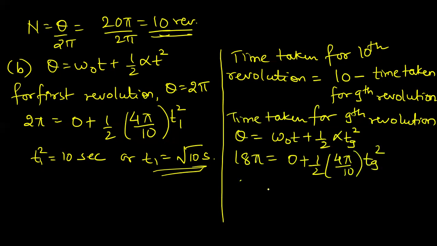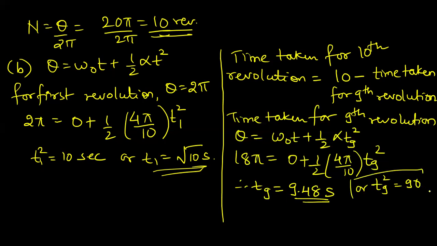When you solve this, you get t9 square as 90. You can just check it by doing the calculation. To find t9, we will take the root of 90, right?